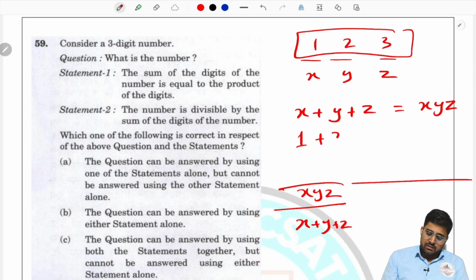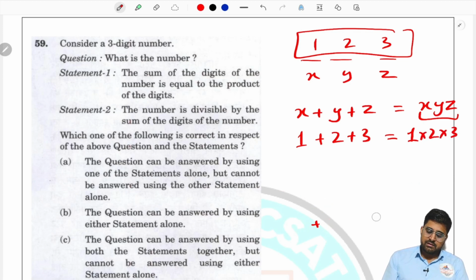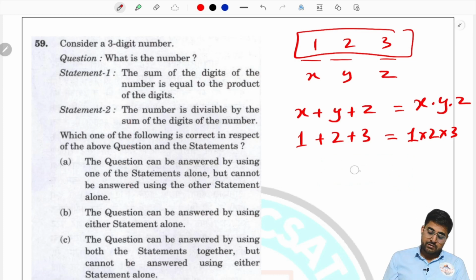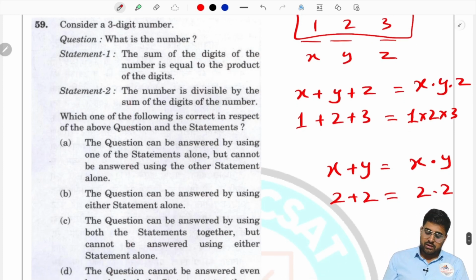So if you add 1 plus 2 plus 3 and you multiply 1 into 2 into 3, it will give you the same result. Okay, this is not xyz, don't misunderstand by the places, it's a product. And if it is 2-digit, then 2 plus 2, 2 into 2, and 4, they are the same.